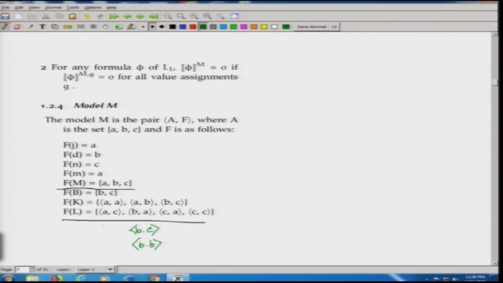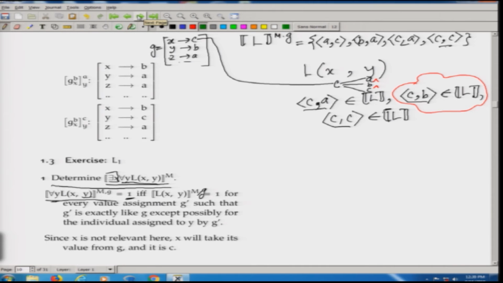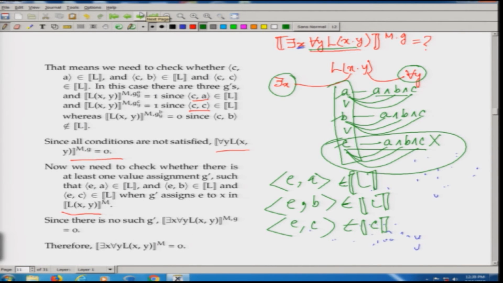AC is found, but then AB and AC are not found here, and CA is found, CC is also found, but CB is not found, right. So they are not there on the list. That is the reason there is none that satisfies our condition.